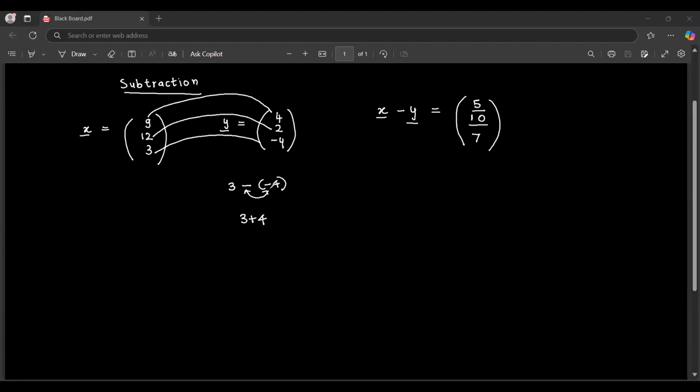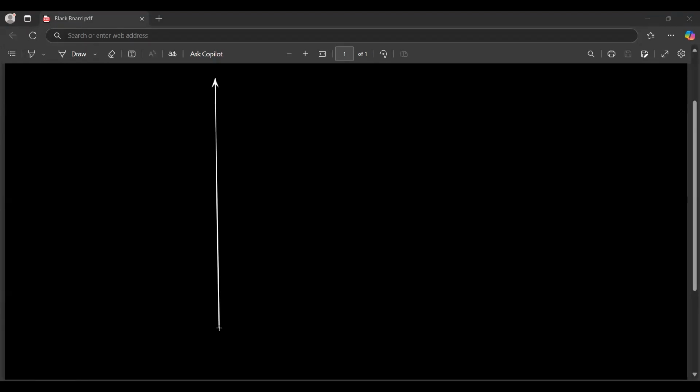What happens here? Okay. And let's try to understand visually. So here, let's talk about the I axis and the J axis because it's easy to visualize in two dimensions.